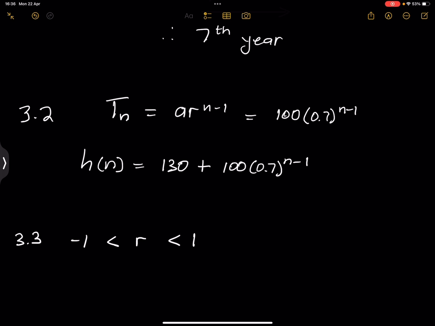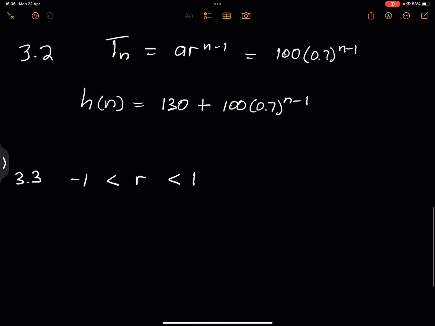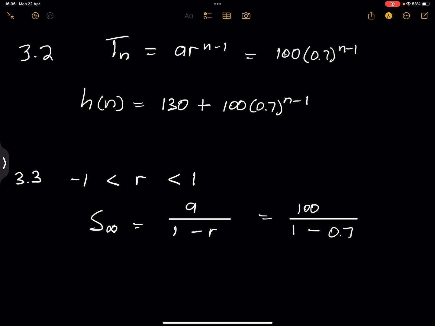So that's what they want us to get, right? What's the sum to infinity for this tree? That's A over 1 minus R. Our A value, please remember, was 100, divided by 1 minus our R value of 0.7.